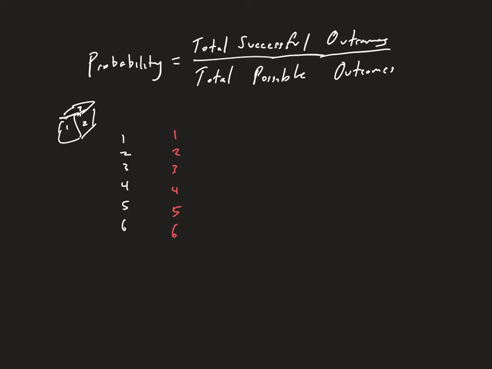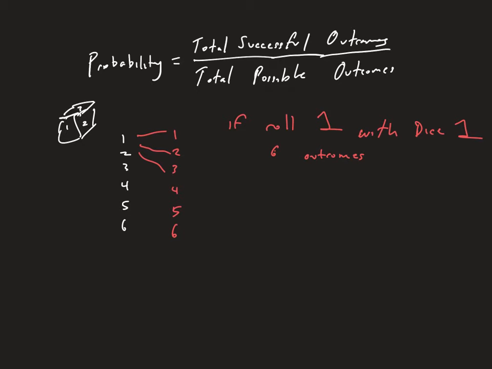Well, we can get 2, because if we roll a 1 with the second dice, we can get 3, we can get 4, and so on. So you see that if we roll a 1 with dice number 1, there's 6 outcomes, because there's 6 possibilities that are all different with the second dice. If we roll a 2, there's 6 new outcomes. And if we roll a 3 with the first dice, there's 6 new outcomes.